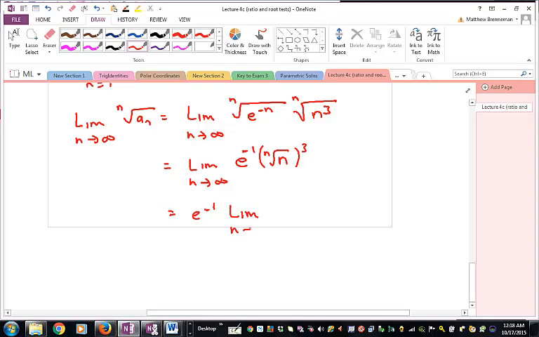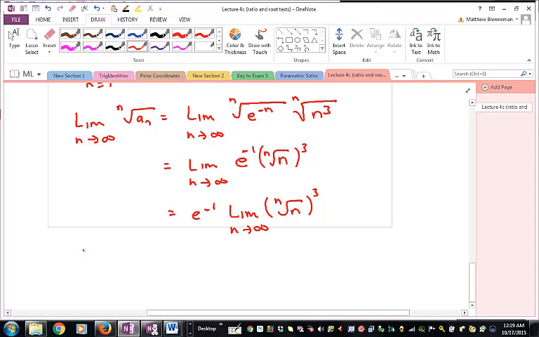And if we wanted to do this carefully, we can go back and use the fact that if we have a continuous function like x cubed, we can use our limit theorems for continuous functions.